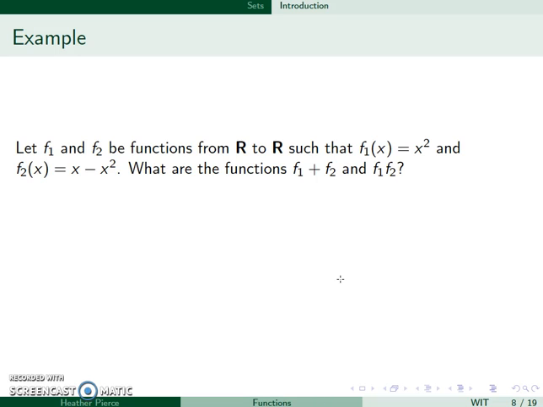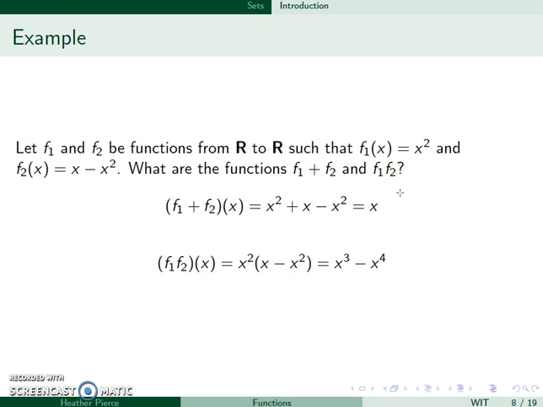So if I want to find f1 + f2, then I have f1 is x squared, f2 is x minus x squared, and once I add those, I get x. We can also multiply f1 times f2. That gives us x cubed minus x to the 4th.